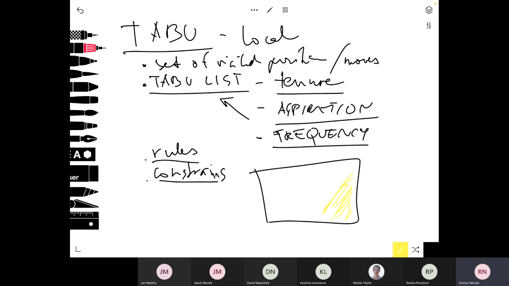So the representation of a taboo set for floating point domains can be different than just a list of concrete solutions. It can be constraints on the areas, it can be constraints on the directions, and so on.